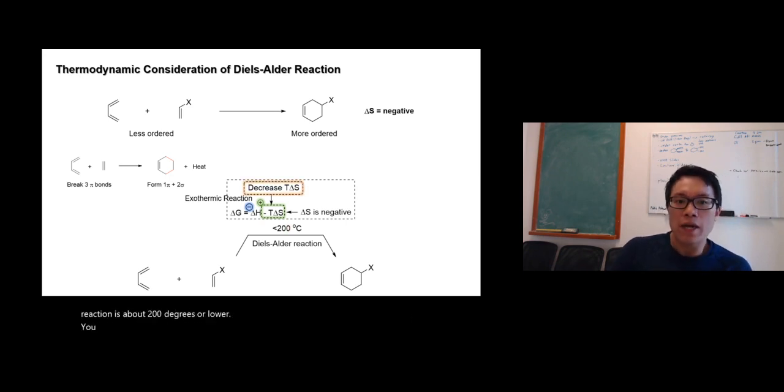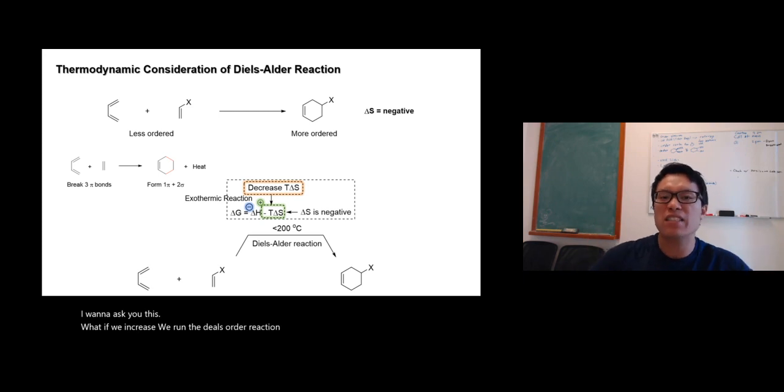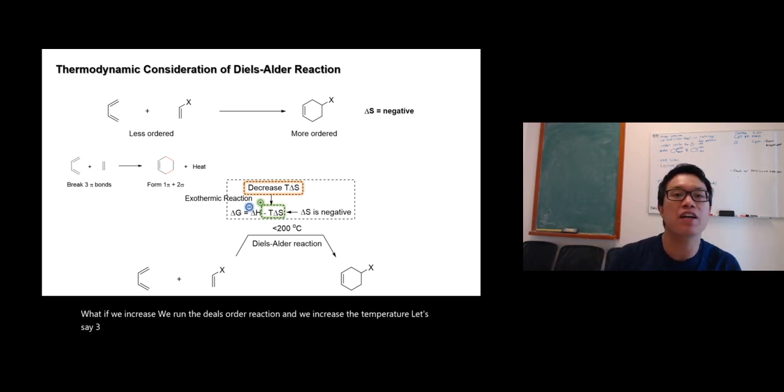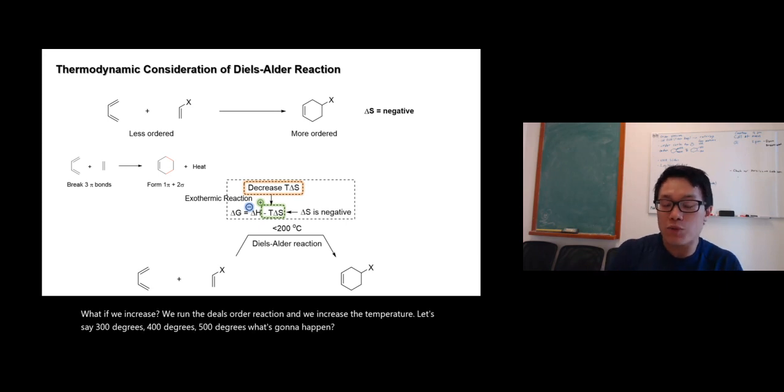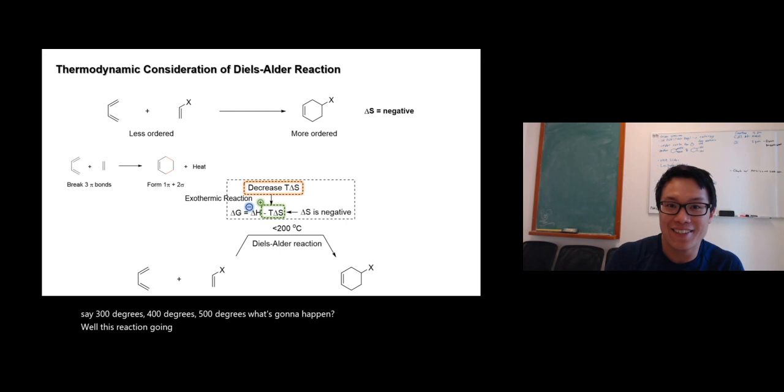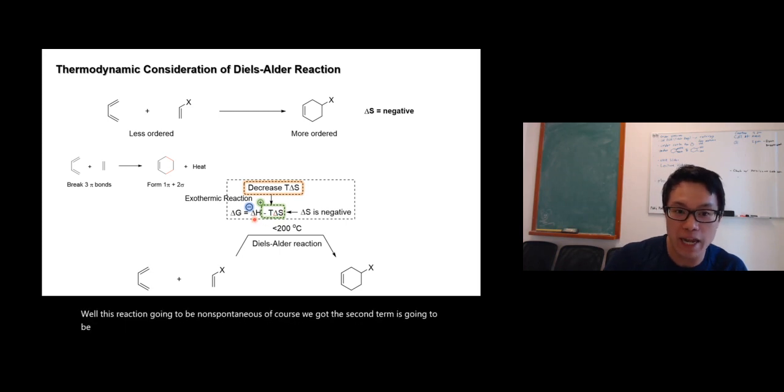Now I'm going to ask you this: what if we run the Diels-Alder reaction and we increase the temperature, let's say 300 degrees, 400 degrees, 500 degrees? What's going to happen? Well, this reaction is going to be non-spontaneous, of course, because the second term is going to be too large and dominate the enthalpy term. The whole thing is going to be positive.